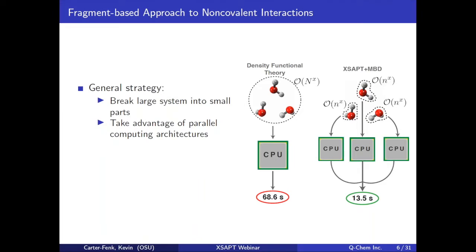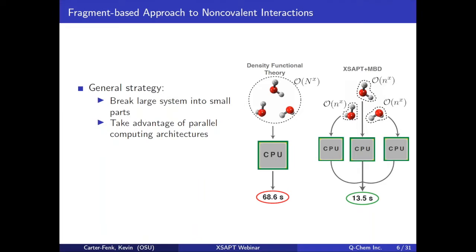So we can break up this water trimer in the graphic on the right. We have the density functional theory calculation on the supersystem, which should scale like the supersystem basis functions cubed. And we can break down the system into individual molecular fragments, which all scale with the monomer basis size.